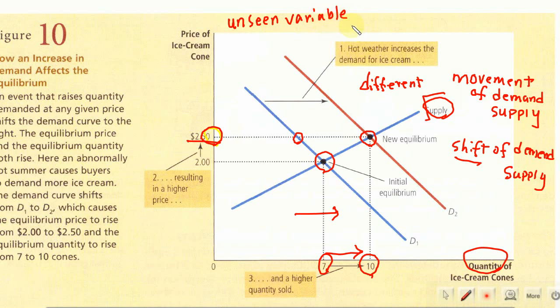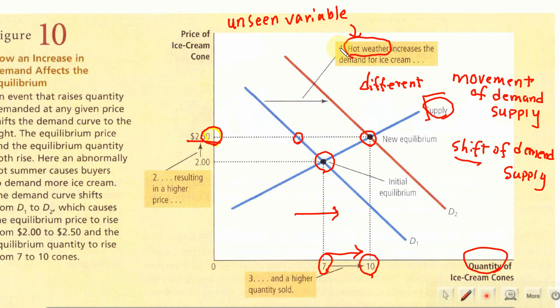Like hot weather. There might be some other factors that influence line shifting, not only hot weather. In the case of supply shifting, by contrast, what can you imagine? A sudden increase of material costs, like the price of sugar for ice cream.